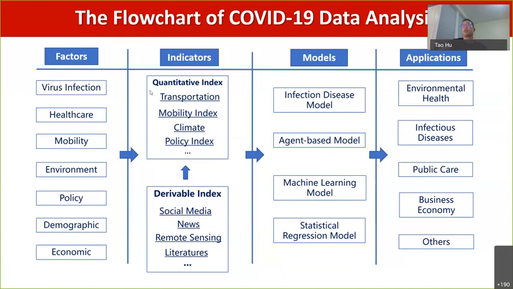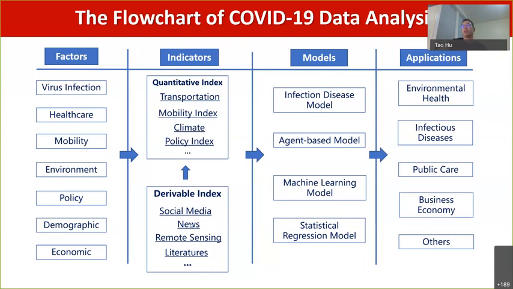The first group we call the quantitative index. The quantitative index is estimated by census data or statistical data. These data sources are more like structured data sets. However, the derivable index can be estimated based on social media, news, remote sensing, and literature.